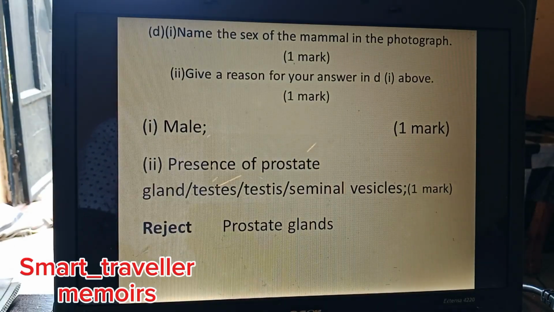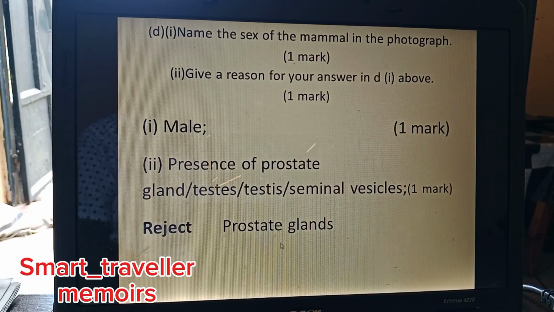Name the sex of the mammal in the photograph, and then Roman 2, give a reason for your answer in 1 above. The sex of the mammal is male. Why? There is presence of prostate, which is labeled.